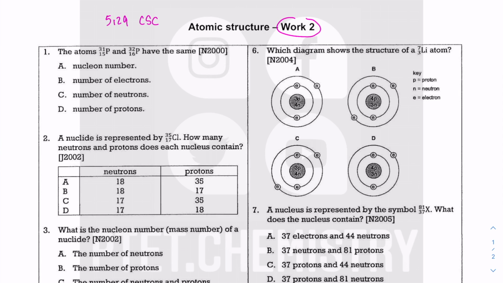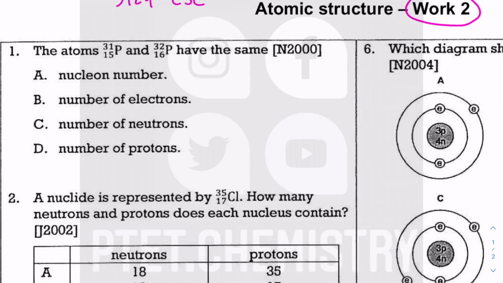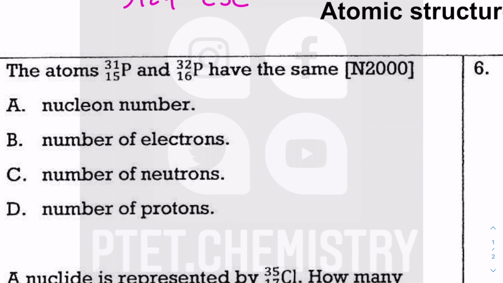So hang on, something is wrong with this question. I think this question is wrong actually because it says phosphorus is 15 proton number. When it's written like this in international format, this is called proton number or atomic number. As you know from the periodic table, phosphorus and phosphorus are the same element.